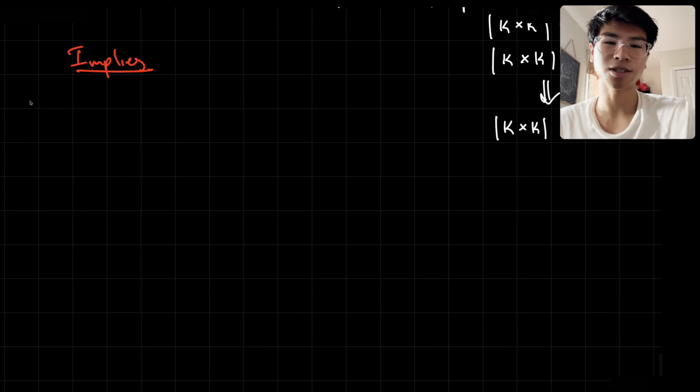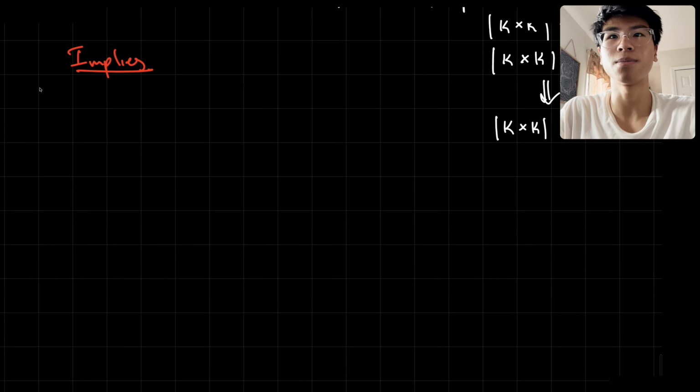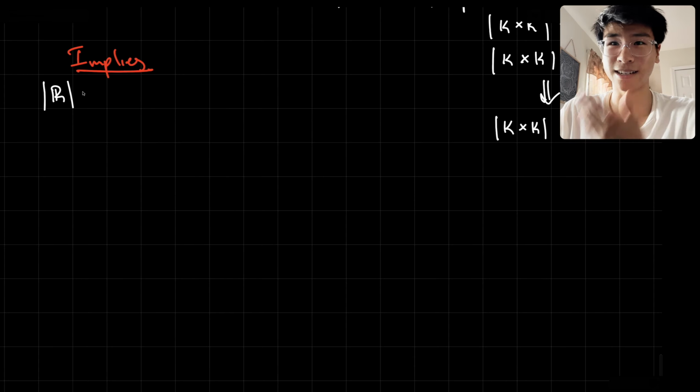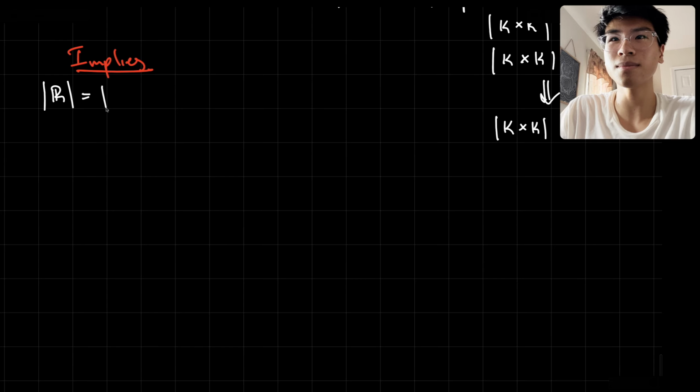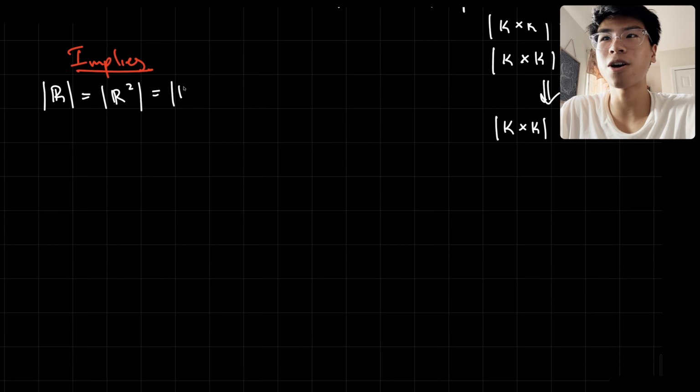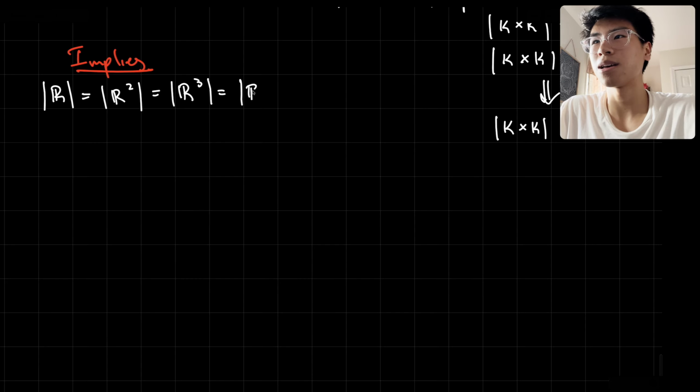But let's jump back to something more specific, more down to earth. What I've always found cool about this theorem is that it tells us things like this. The cardinality of the real numbers is the same as the cardinality of the reals crossed with itself, or R squared, and has the same cardinality as R cubed and R to the fourth and whatever, R to the n.